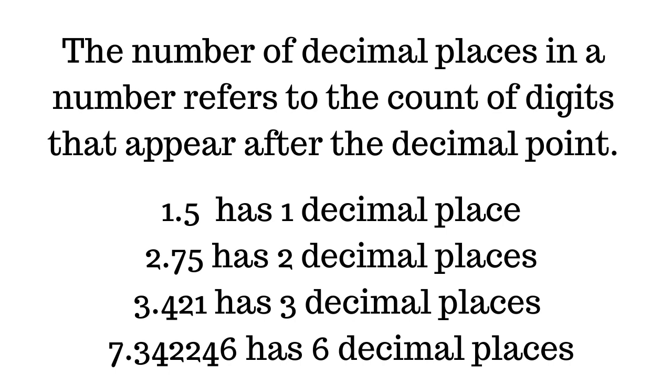The number of those digits represents the number of decimal places. 1.5 has one decimal place because we have just one number after the point. 2.75 has two decimal places because we have two numbers, 7 and 5, after the decimal point. 3.421 has three decimal places because we have 421, three numbers after the decimal point. 7.342246 has six decimal places because we have six numbers after the decimal point.